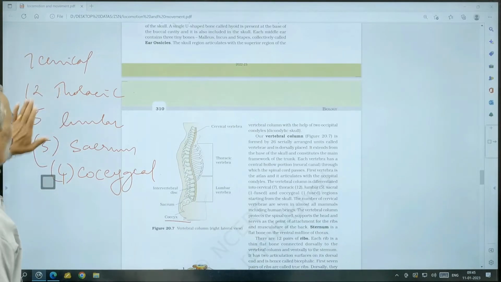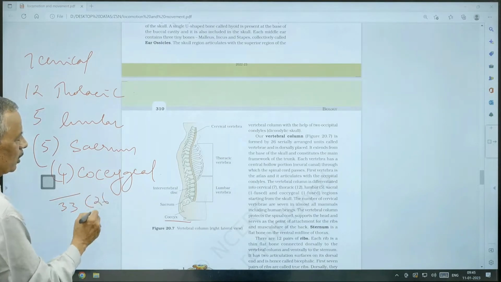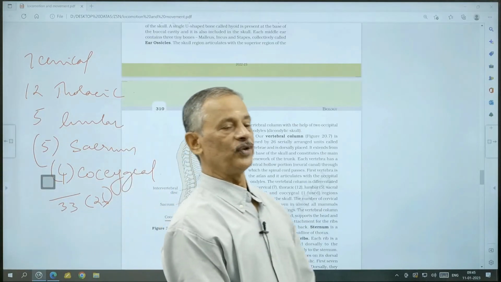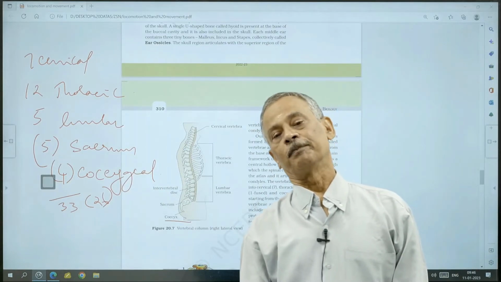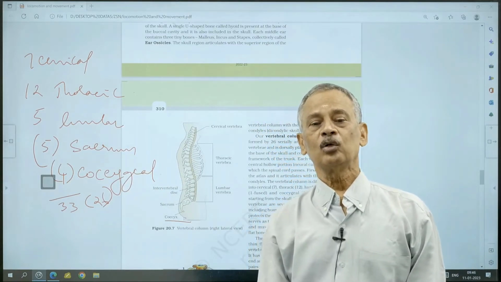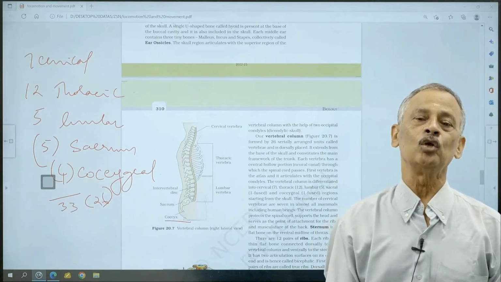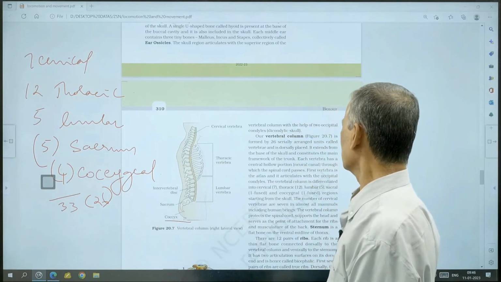So, though we are having 33 in fetus, it is only 26 in adults. So, in fetus, you are having 7, 12, 5, 5, 4. A total of 213 bones, whereas in adults, you are having only 206 bones. Because of the fusion, the number of bones are reduced.